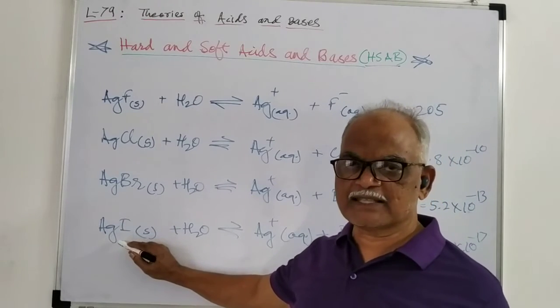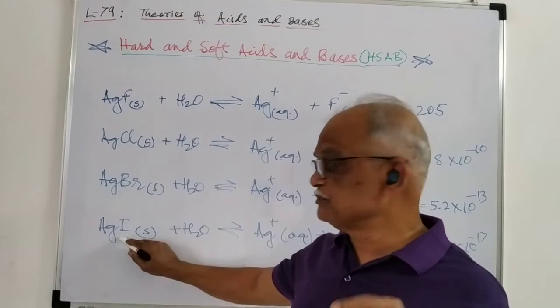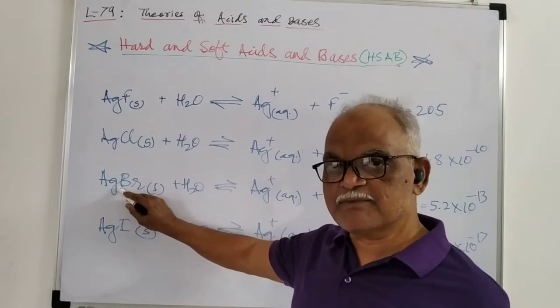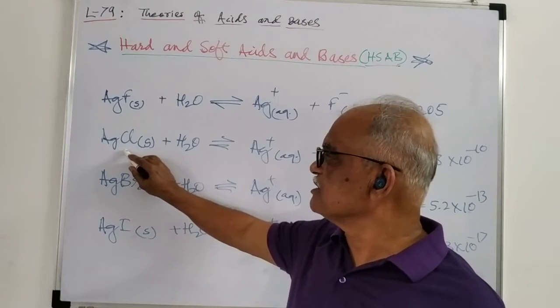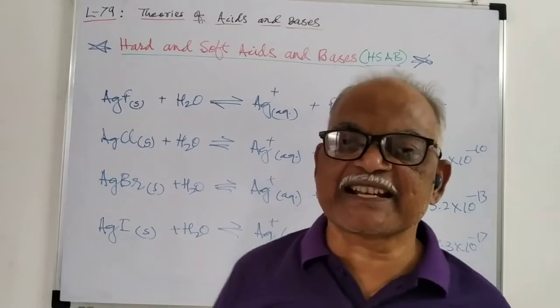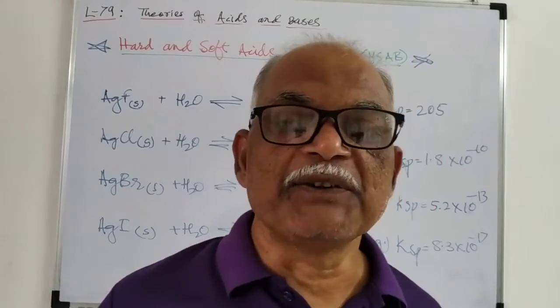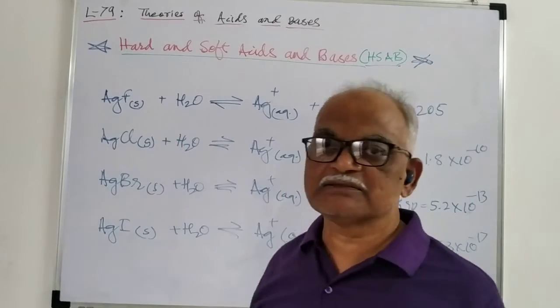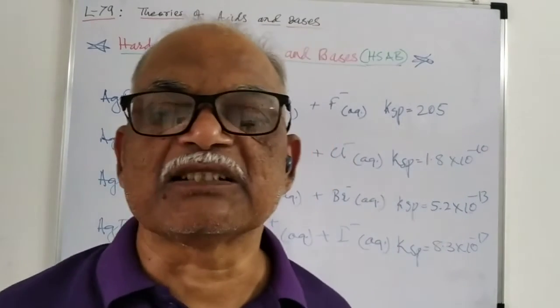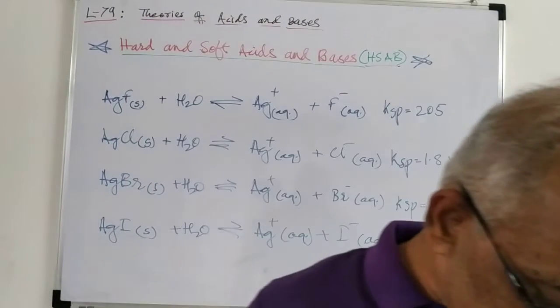The bonding between Ag plus and I minus is more powerful than in AgBr, AgCl, and AgF. In AgF, the bond is much weaker, and therefore AgF is relatively better or more strongly ionized or solvated.